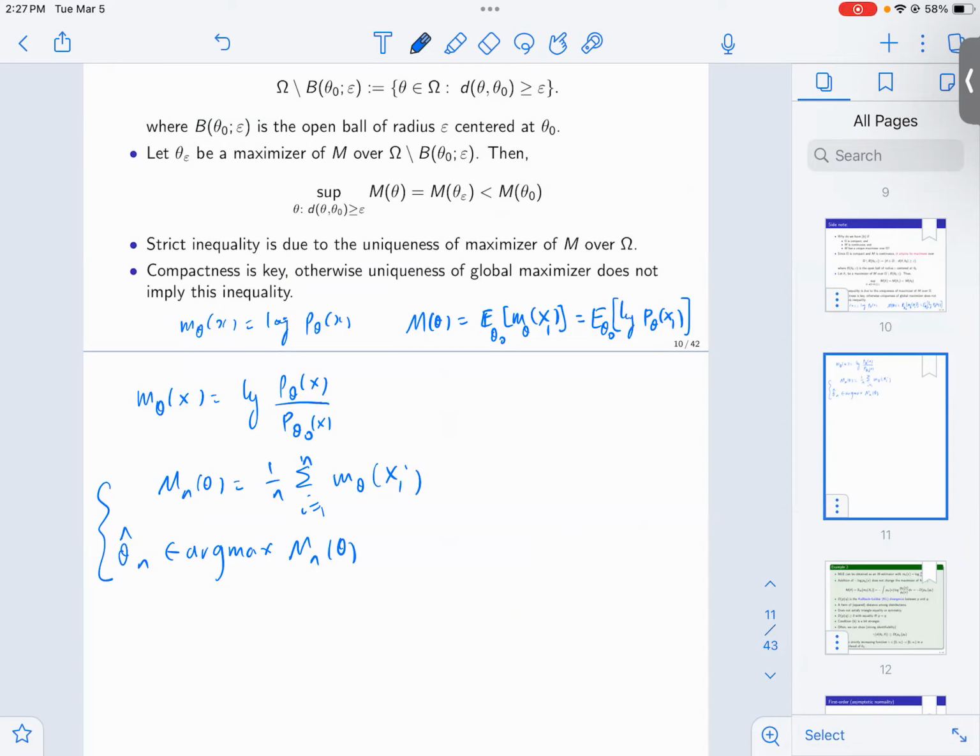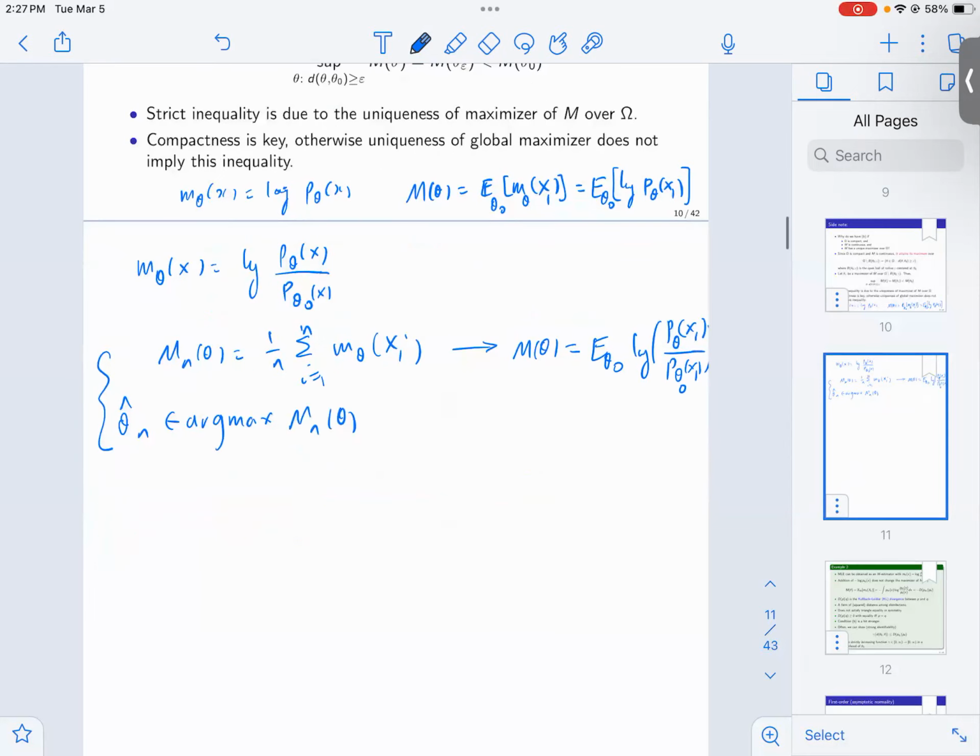Then if this converges uniformly to M(theta), it would be expectation under theta naught of log p theta of x1 divided by p theta naught of x1. This quantity is really what's called the KL divergence.